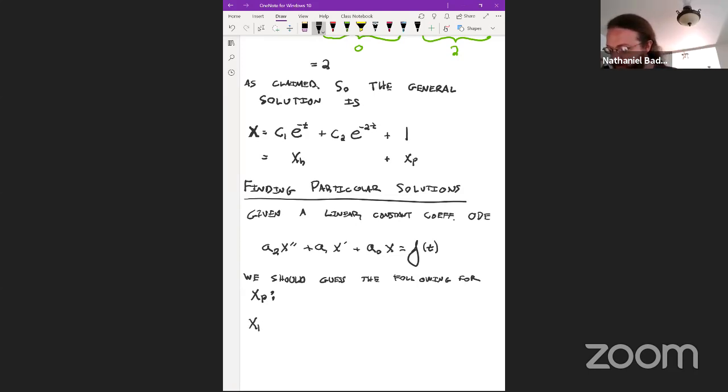So xp is going to be some constant times f, but maybe I want to save the C0 for the general constants. So just something in the form of f, right? That at the very least is going to make this plausible.